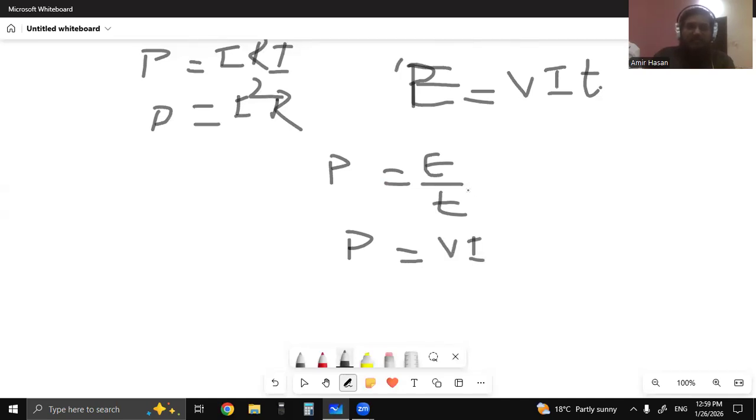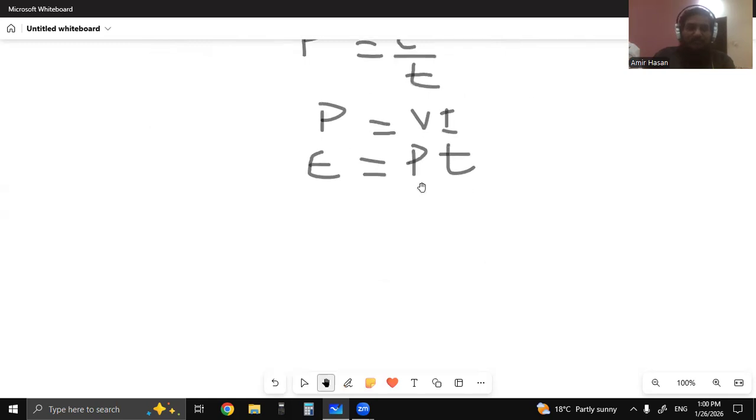If we rearrange power equal to energy upon time for energy, we get energy is equal to power into time. When we place the value of power here, P equal to VI, the energy formula becomes VIT. This is the energy formula we get with the help of power.